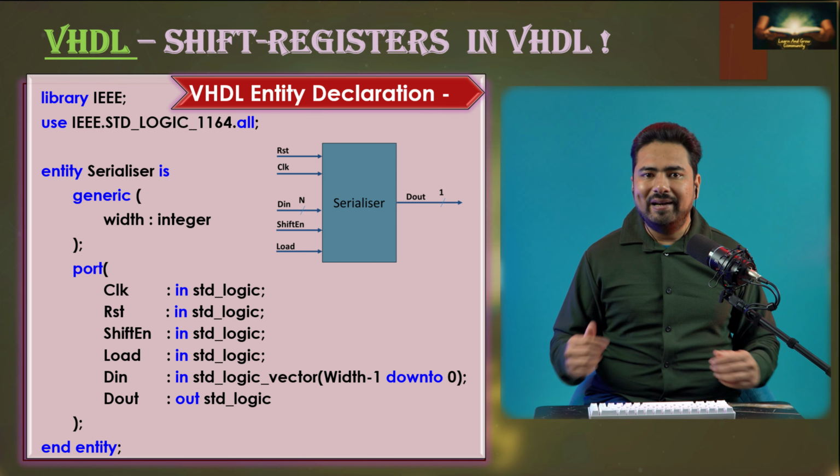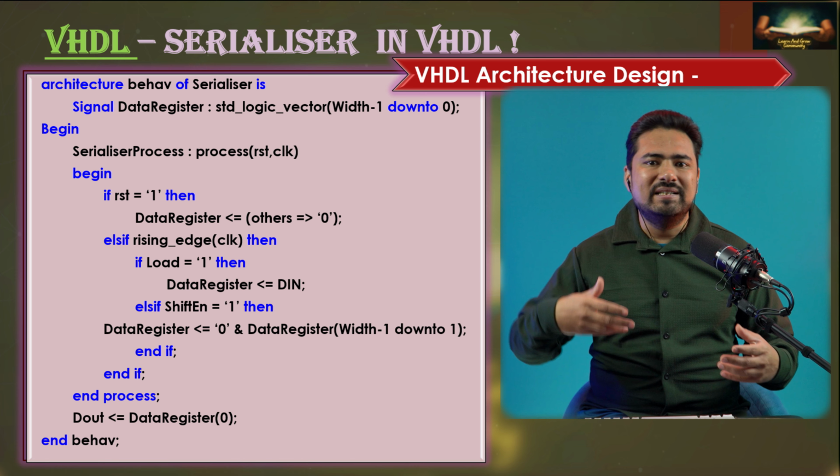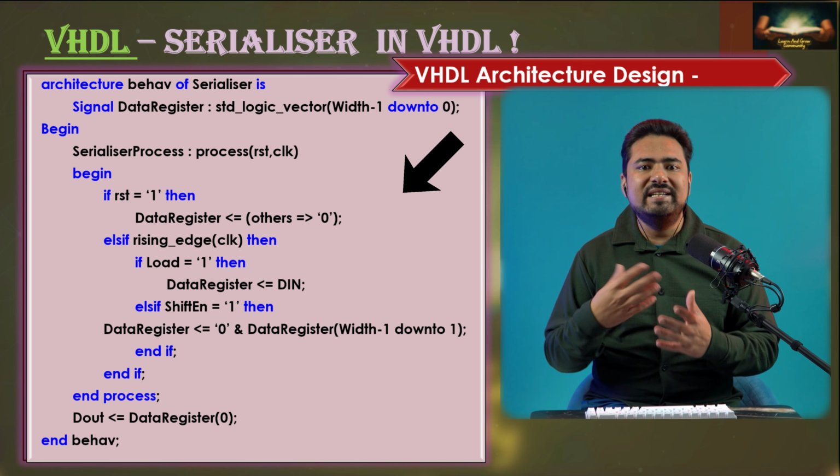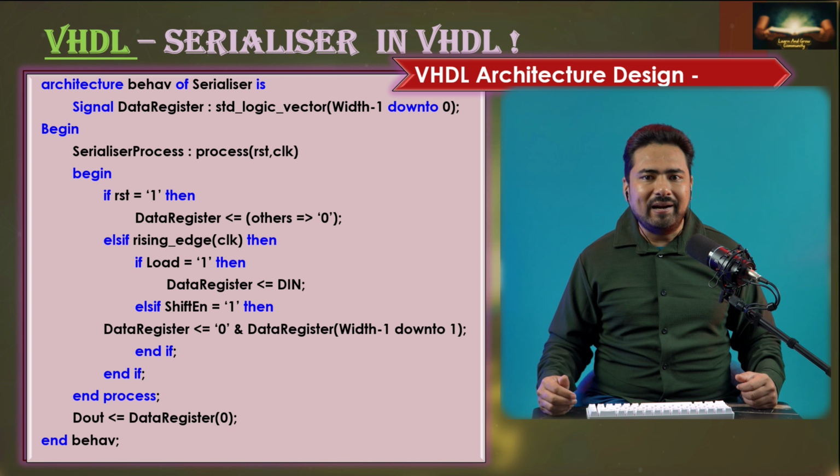So next is the architecture section. This is the architecture design of our serializer module. We start the architecture declaration.